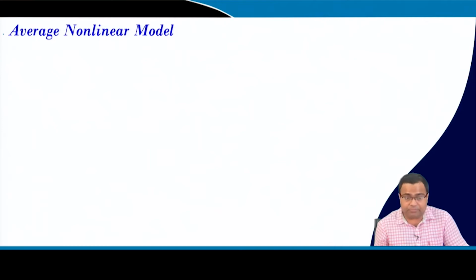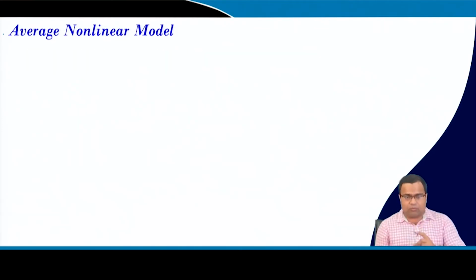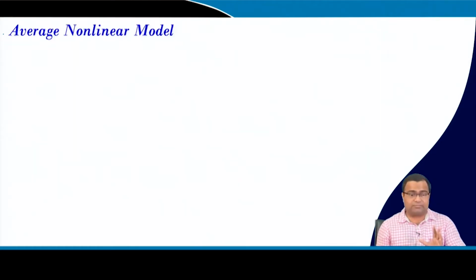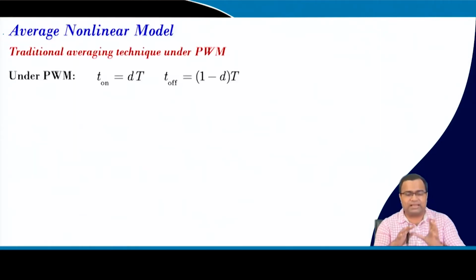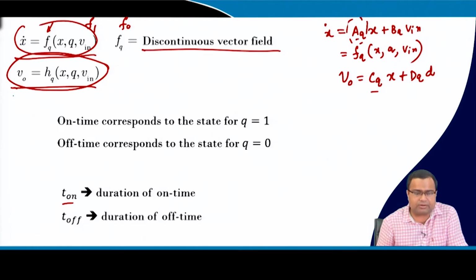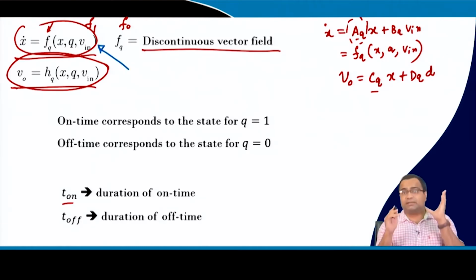So, now before we go for the average nonlinear model, whatever we discussed is that T on and T off, if we take a standard pulse width modulation, this is a discontinuous vector field which includes switching dynamics.